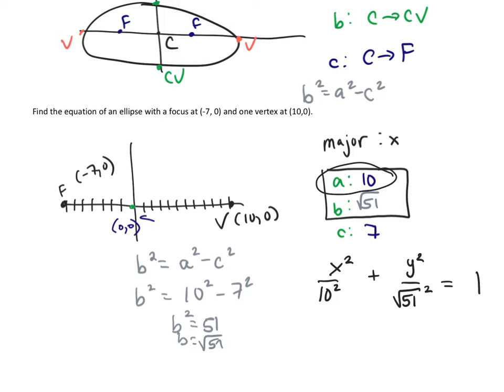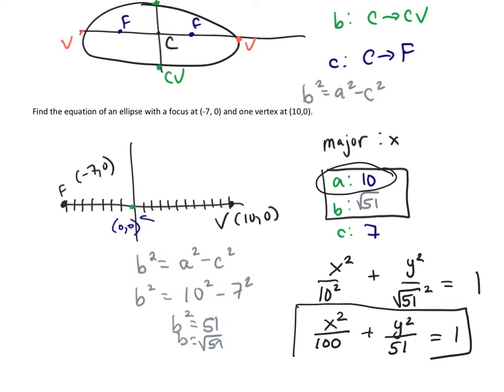It's always a squared and b squared. So the equation of an ellipse with these two points is x squared over 100 plus y squared over 51 equals 1. If you were to graph this, obviously not in a graphing calculator because it would be really difficult to get y by itself, this would give you that ellipse with that vertex and that focus.